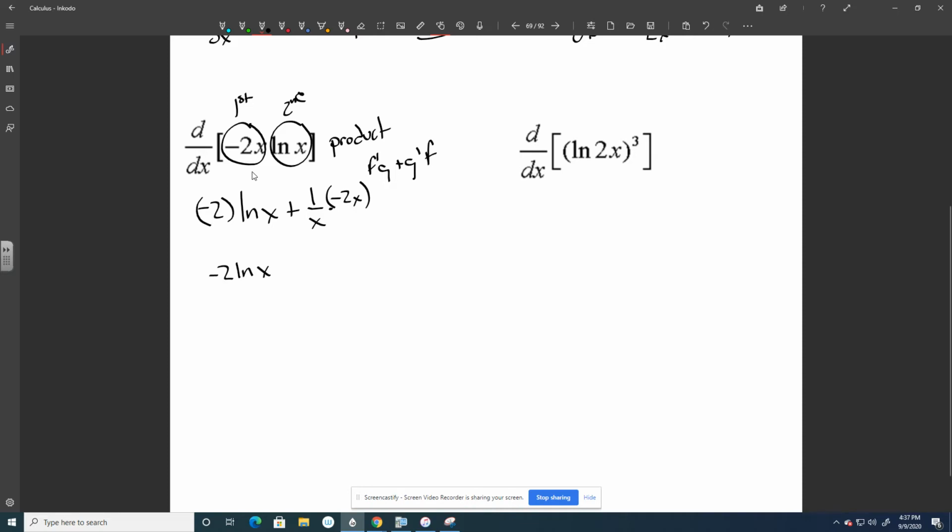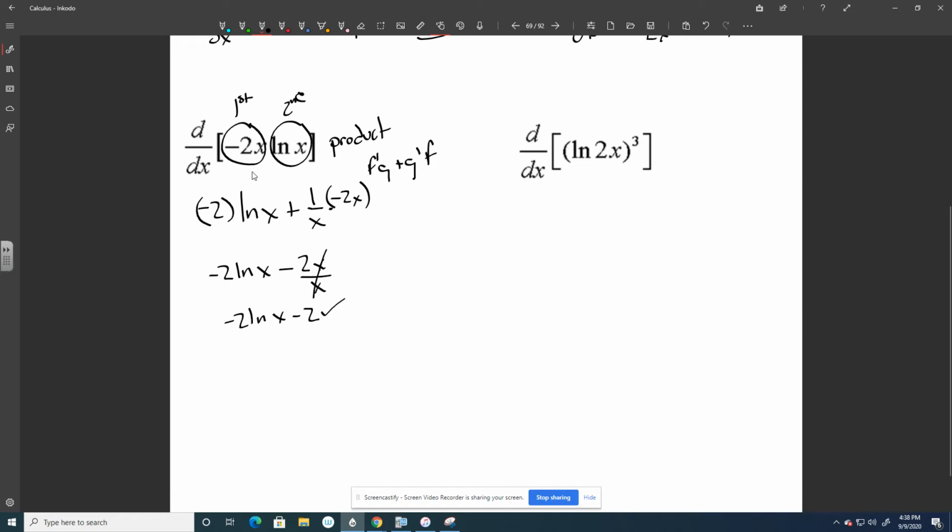And then this negative 2x we can move over, and that just becomes minus 2x over x. And those cancel. So really, I just get negative 2 natural log x minus 2. I'm okay with that answer. That looks good.